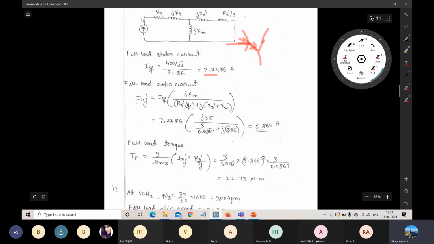We have found ISF, the stator field current, and we need to calculate the rotor field current. It will be given by the stator field current into this impedance: 7.2486, 0.5 J55, RR dash is 3, SF that we calculated less than 1.